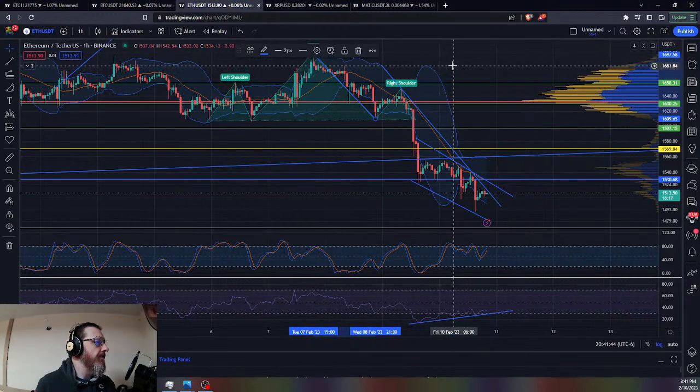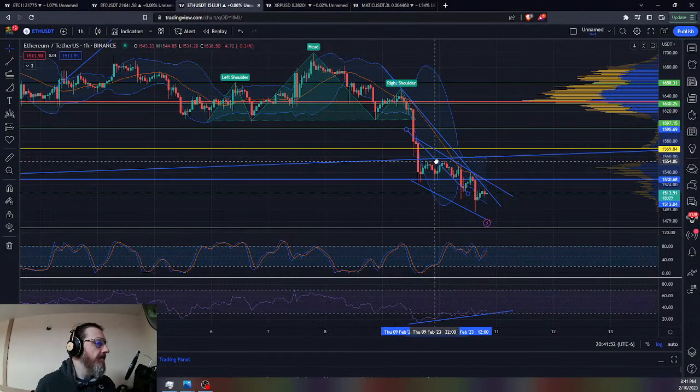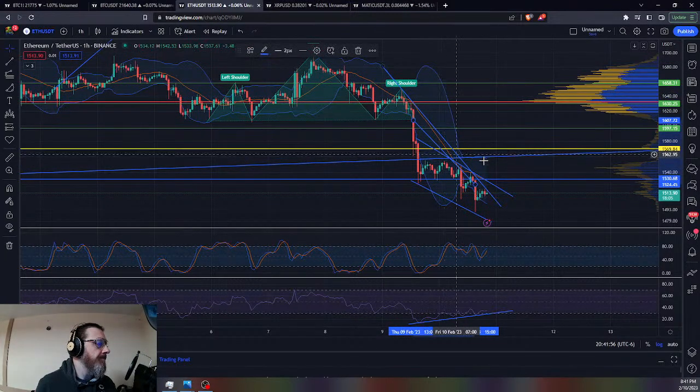So if you measure from the top of the head to the bottom of the formation of that shoulder in that diagonal pattern there, and you bring it over to the breakout line here, it's going to bring you all the way down to pretty much the middle of the chop of this range. So you're going to catch most of that measured move.